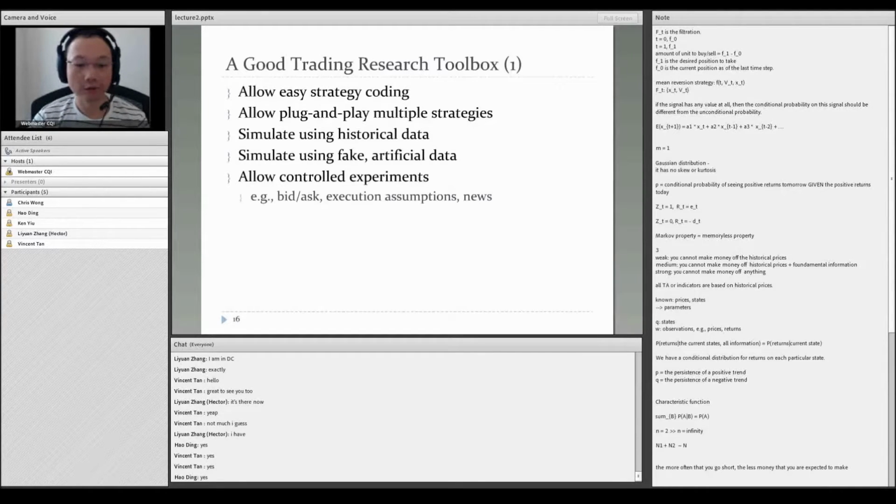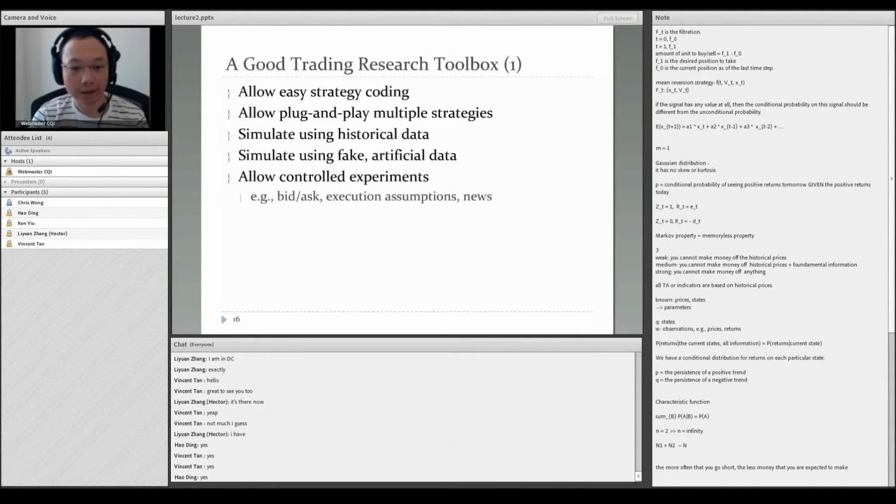So in summary, we need a very good trading research toolbox that does the following. First of all, it allows you to code up a strategy very easily, for example by putting modules together, as in playing Legos. And it should allow you to plug and play multiple strategies. In terms of backtesting, of course, it needs to simulate with historical data, but also with fake and artificial data, like bootstrap data.